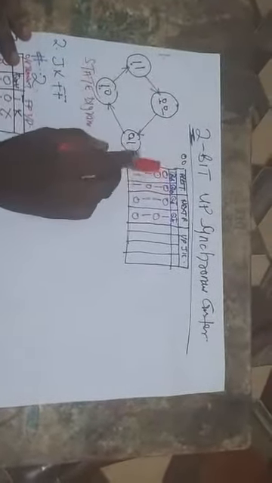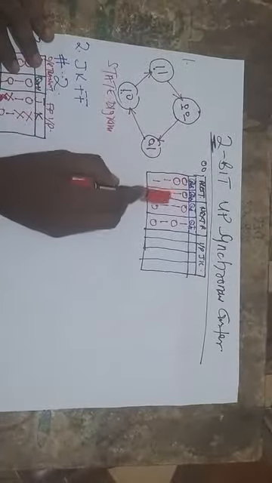When the present state is 00, the transition is to 01. From 01, the current present state, the transition is to 10. And then from 10, 11, and from 11 you get to 00. Right. So I believe you are okay with that.